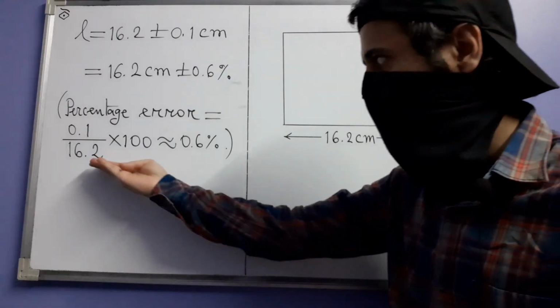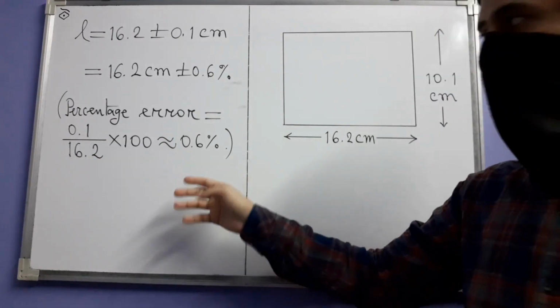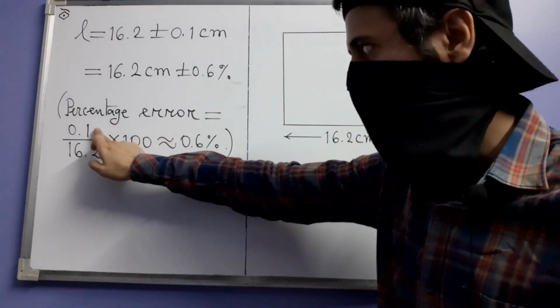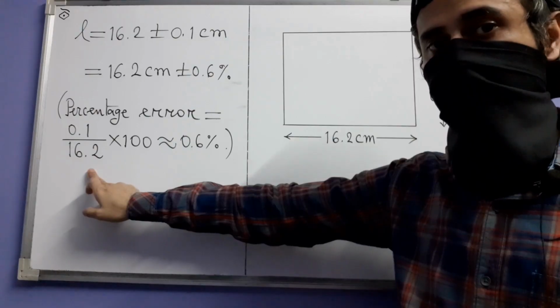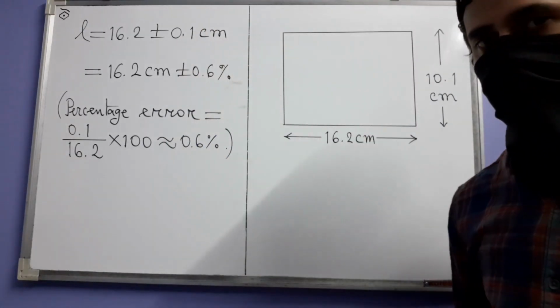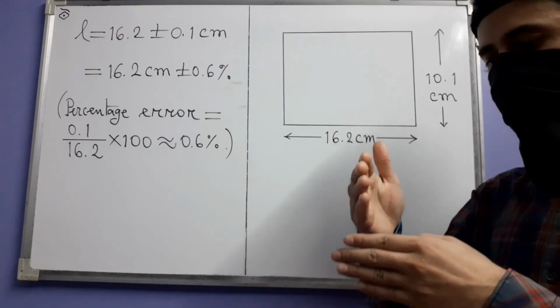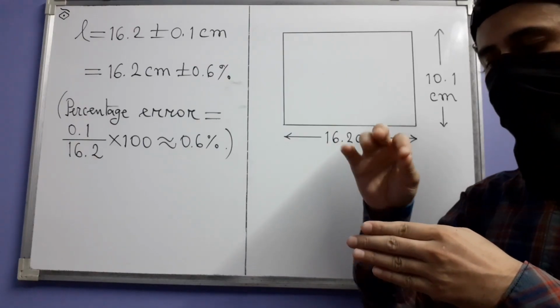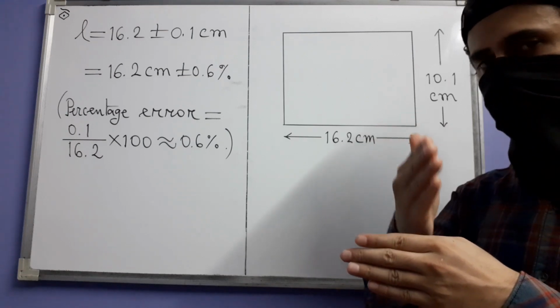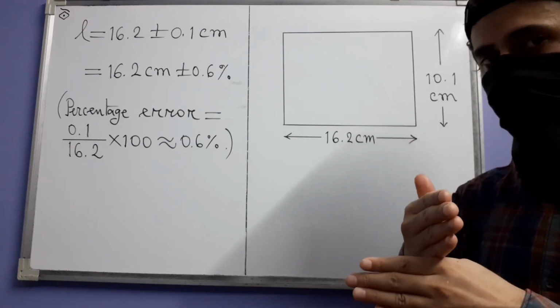which you obtain like this. If you forget this 100 for a moment, this ratio is the relative error. The absolute error is 0.1, and the absolute error is the difference between your ideal value that you should get and the experimental value that you have actually got.